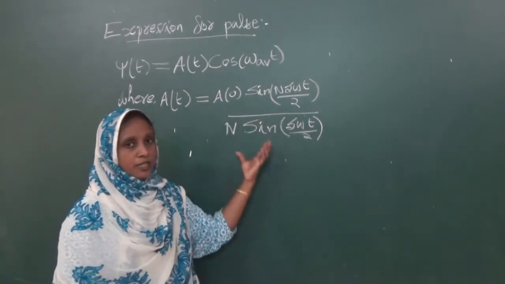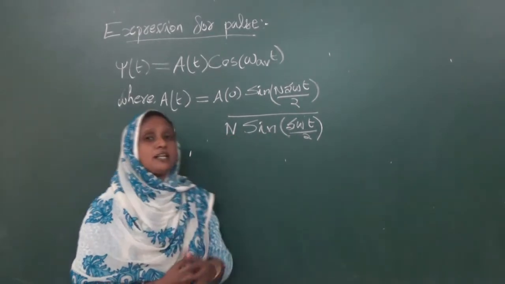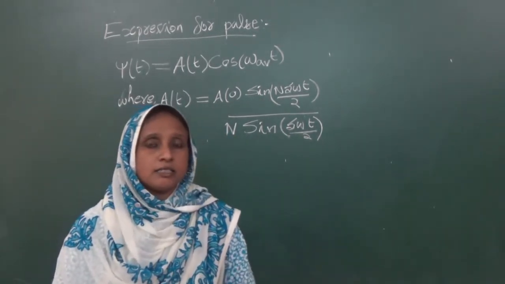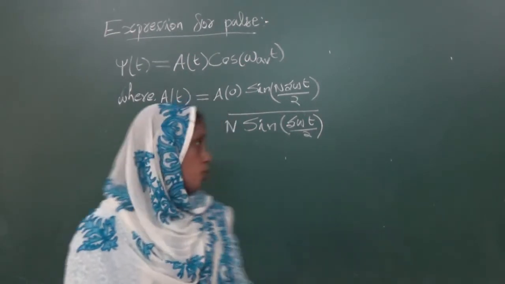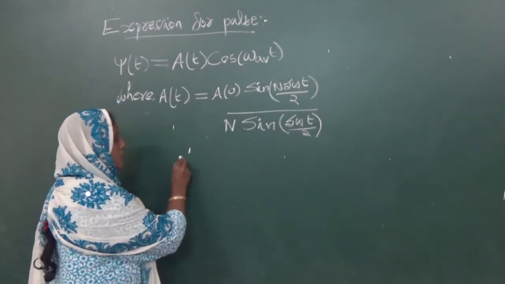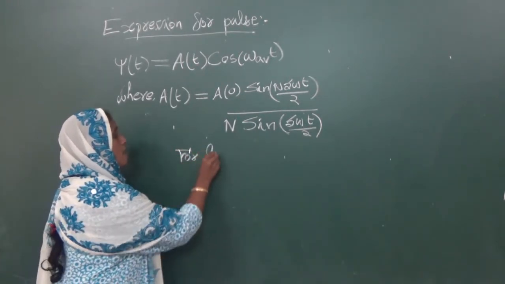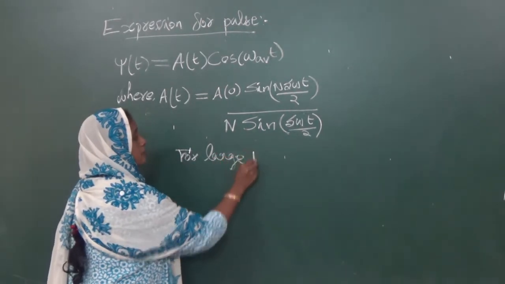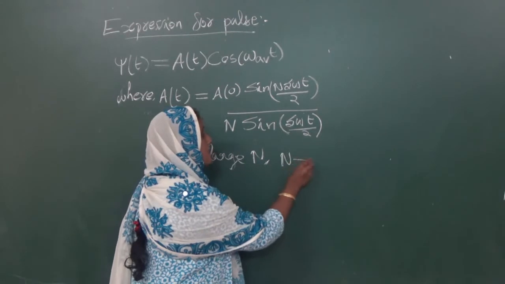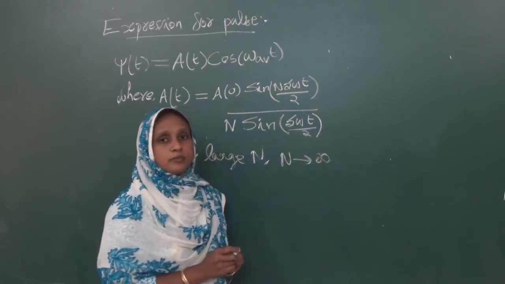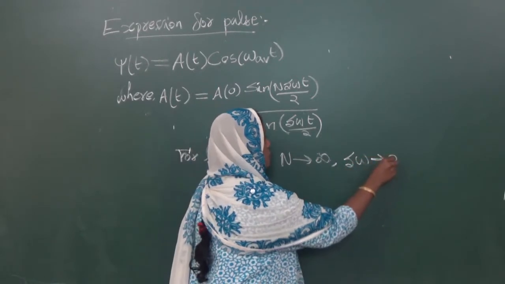In this equation, we know that if this capital N is very large, delta omega is very small. So, in contrast, for large N, that means N tends to infinity, delta omega tends to 0.